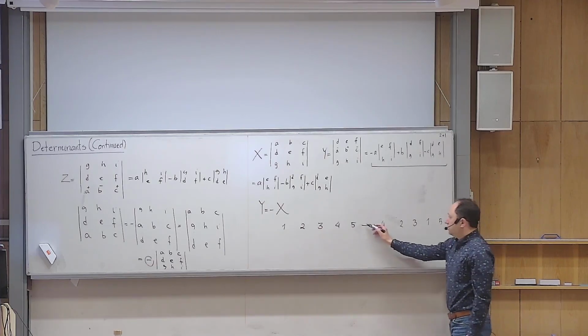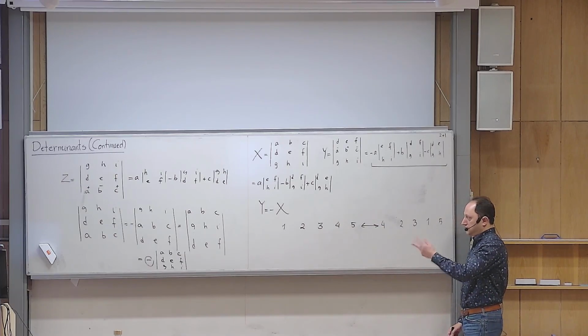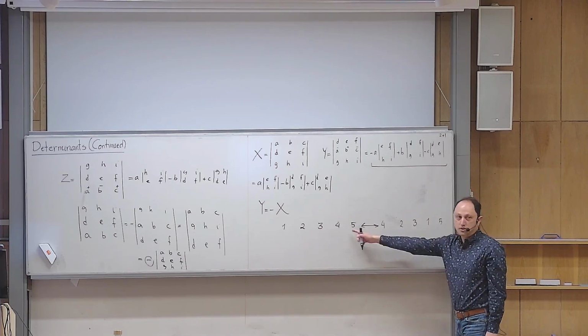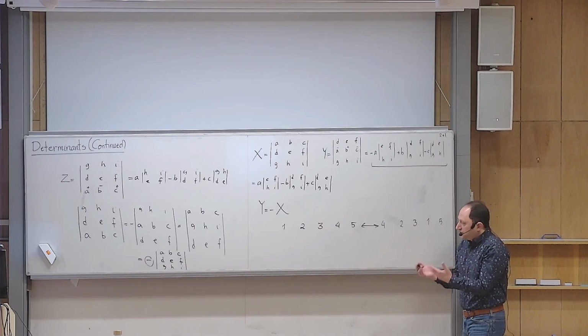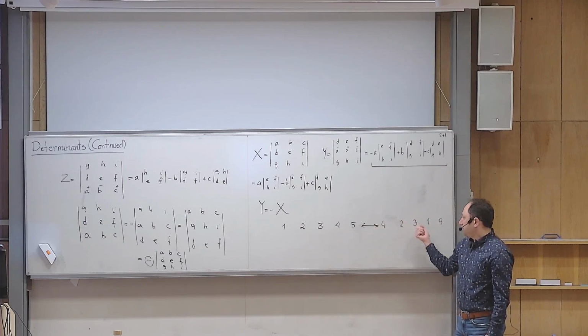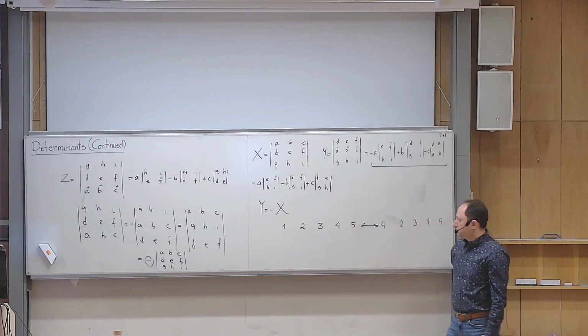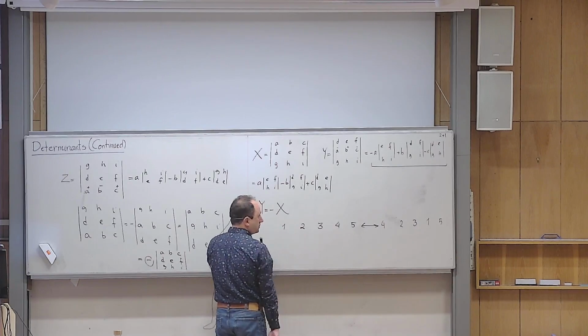So how many interchanges of adjacent numbers do you need to change this sequence to that sequence? I want you to convince yourself that every sequence can be changed to this sequence by an odd number of interchanges. So for example here, what do you think I do? I want to interchange only adjacent ones.